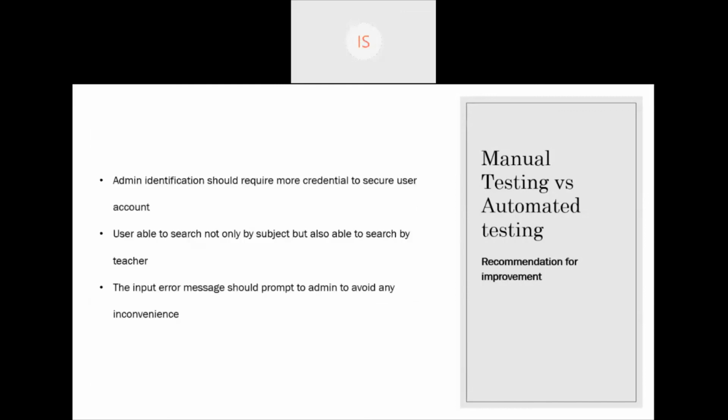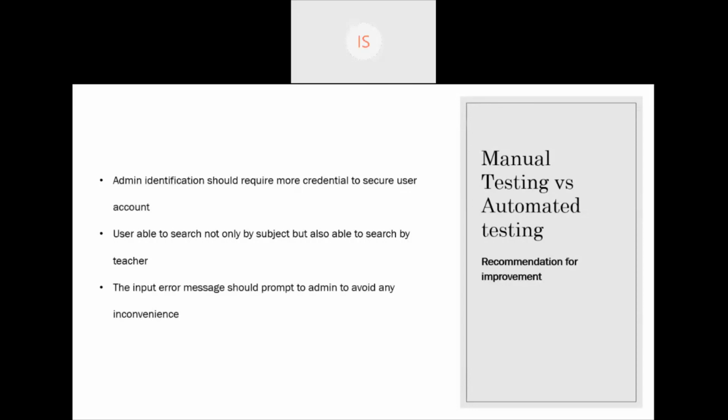And then next, the recommendations for the improvement of the system. There are three recommendations. The first is that admin identification should require more credentials to secure user accounts.